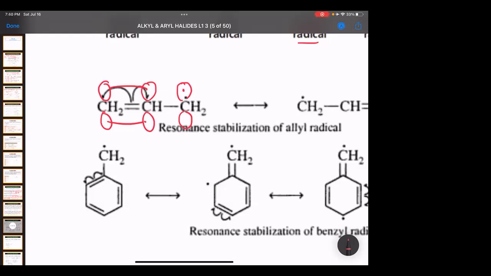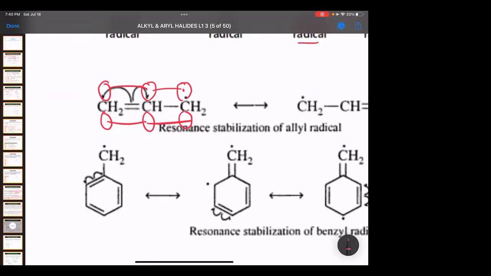So what happens is this p orbital and the p orbital of the double bond, being neighbors, overlap somewhat, and the electron density of that unpaired electron mixes with the electron density of the pi electrons. And so it becomes stable.